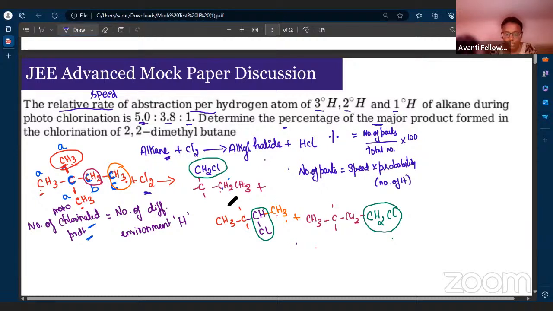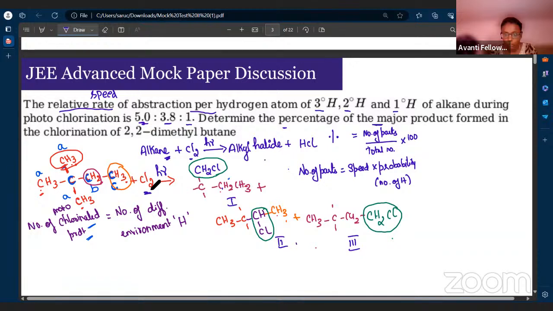You have Cl2 and the chlorination takes place in the presence of light. So what type of mechanism will it follow? Free radical or ionic mechanism? You have light, you have the same atom, so homolytic fission happens, obviously free radical mechanism.